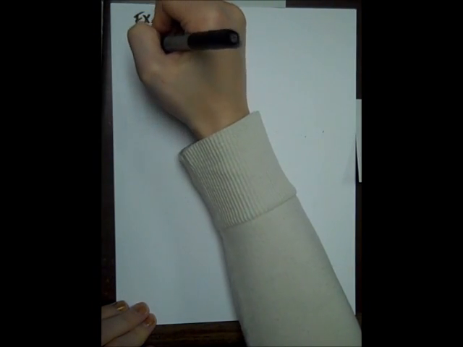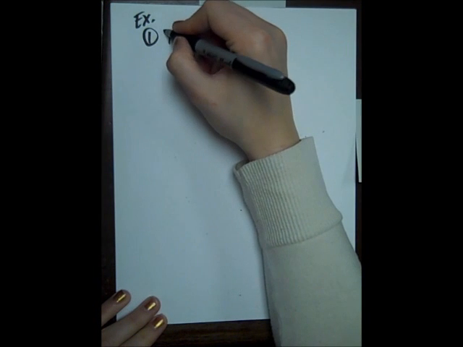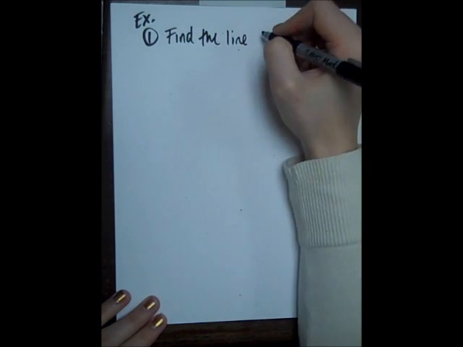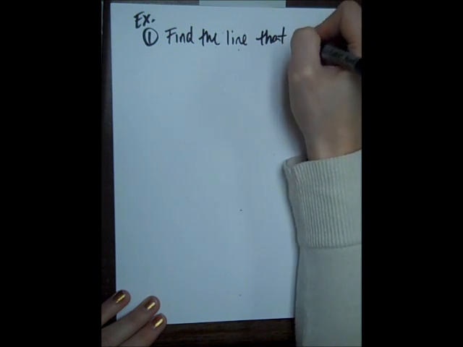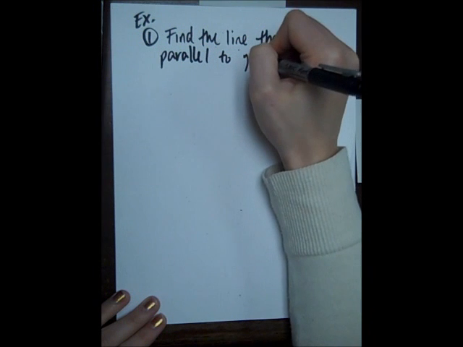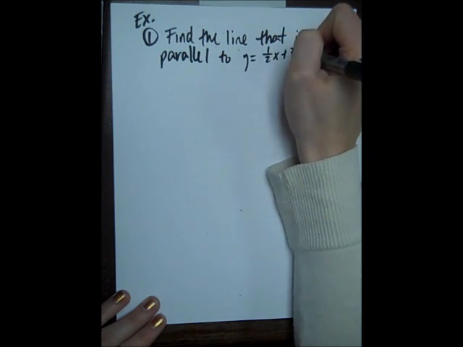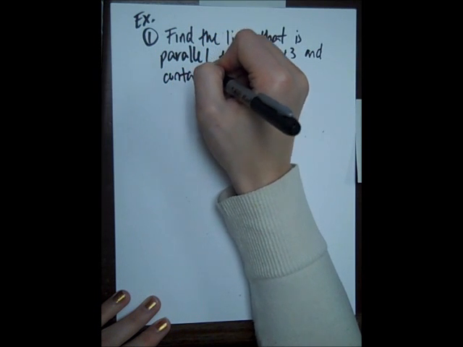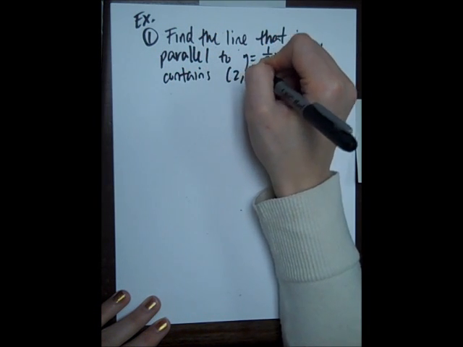Now let's do some examples of finding equations of lines. Number one, let's find the equation, or find the line, that is parallel to the line y equals 1/2 x plus 3 and contains the point 2, 5.